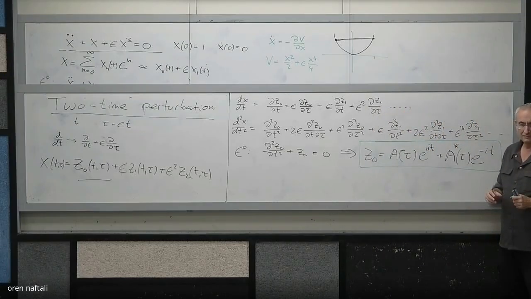Then shouldn't we need to add a function that depends on tau? Of course we need an arbitrary one. For the moment, we don't know what A of tau is and what A star of tau is, except that A star is the complex conjugate of A. But why don't we have another function that's plus a B of tau?